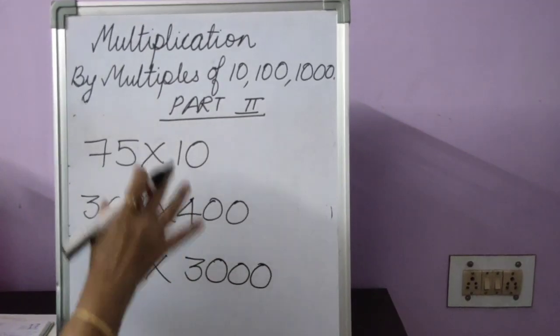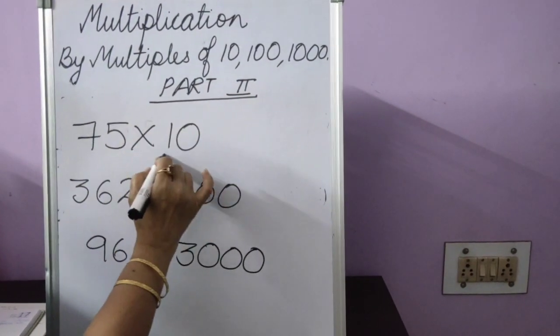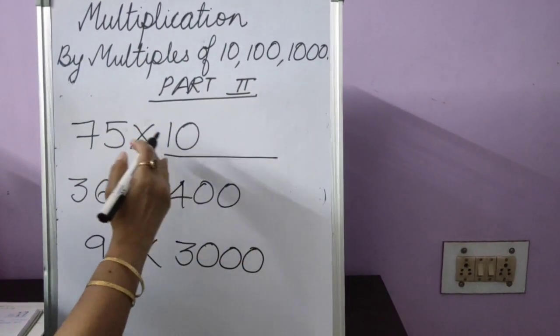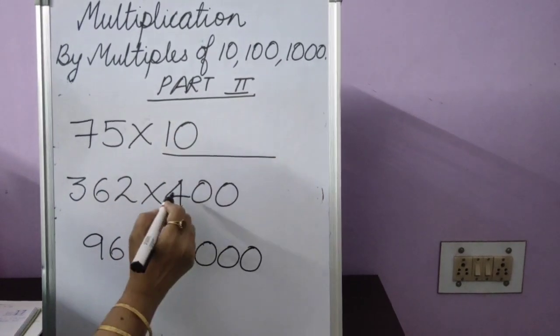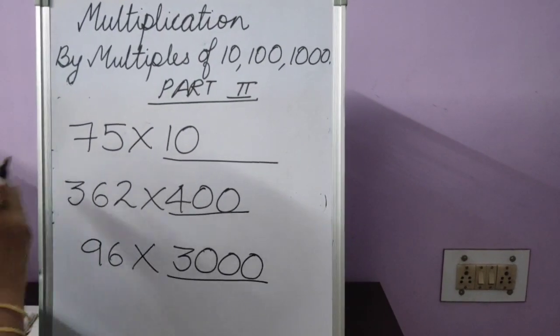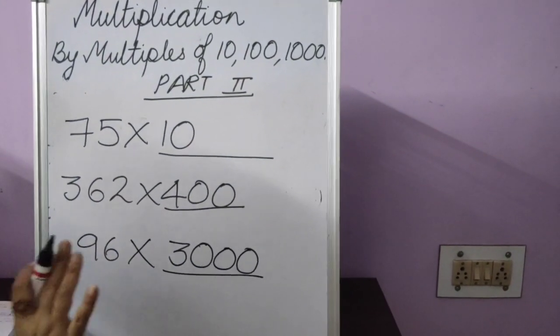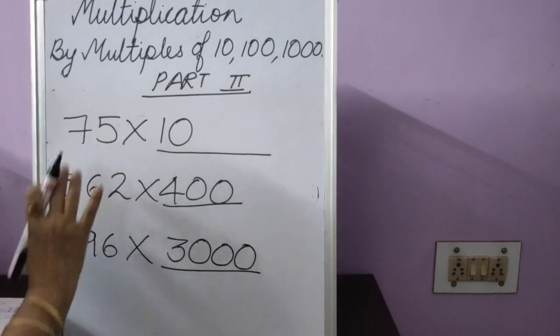In these types of sums, the multiples of 10 were all on one side of the multiplication sign. We had 10, 400 and 3000 on one side, and on the multiplicand side we did not have any zero. Got it? This is what we did in part 1.